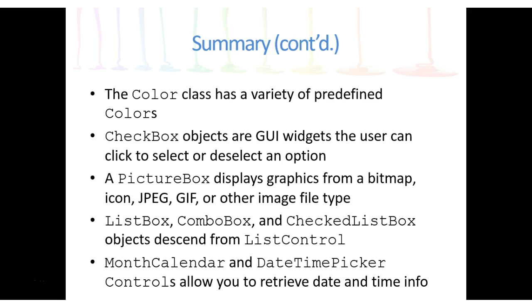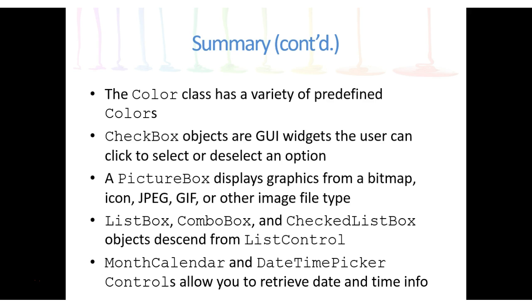We can play with colors. Checkboxes allow us to select each individual checkbox, and more than one of those can be checked at a time. Remember that with radio buttons, only one in a group can be selected, whereas with checkboxes, more than one can be selected. A picture box is used to hold pictures.